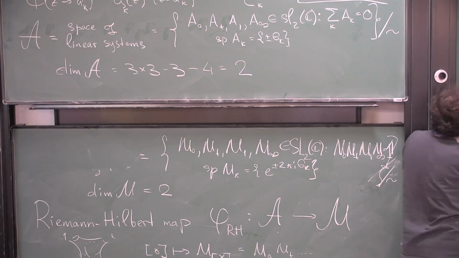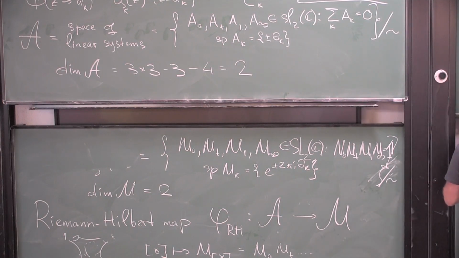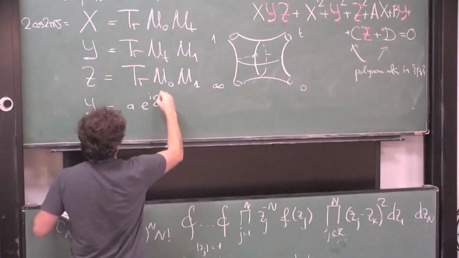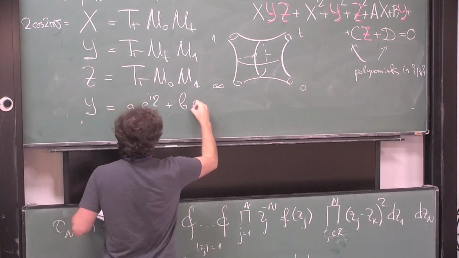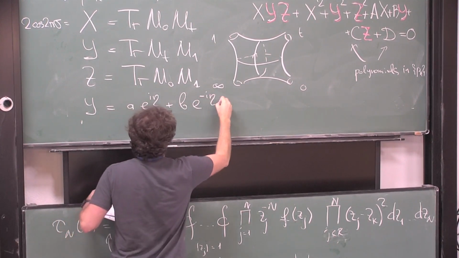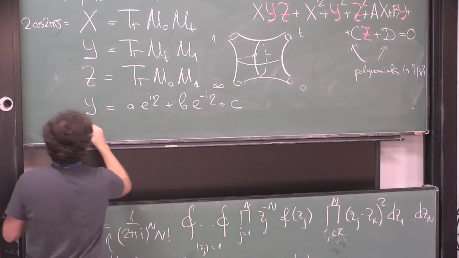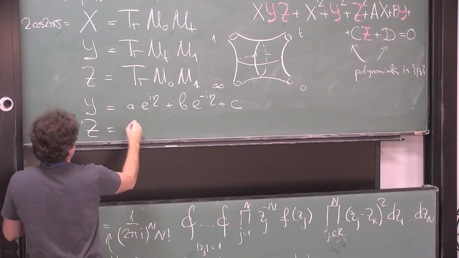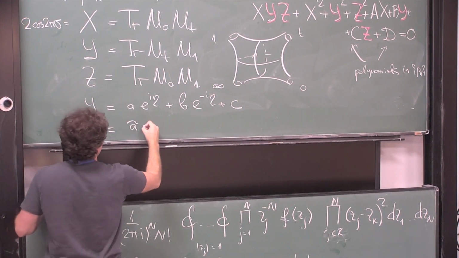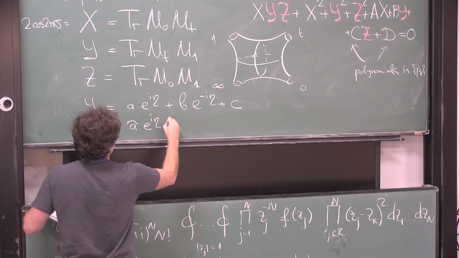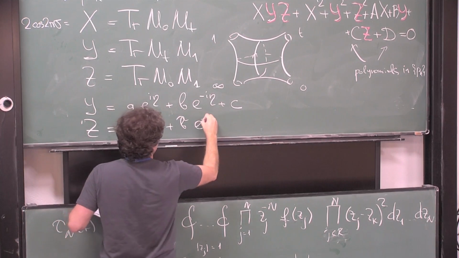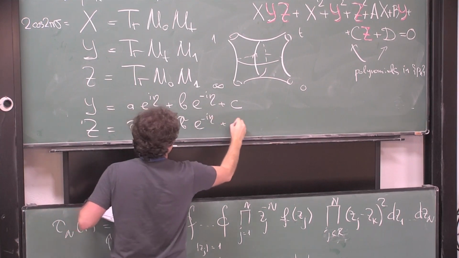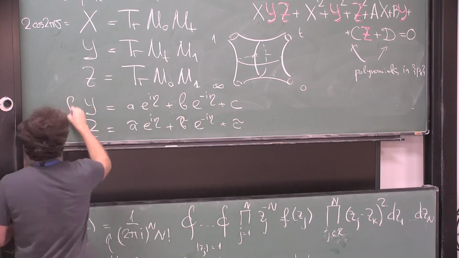We can parameterize y as a exponential of i eta plus b exponential of minus i eta plus c. Z similarly: a-tilde exponential of i eta plus b-tilde exponential of minus i eta plus c-tilde.